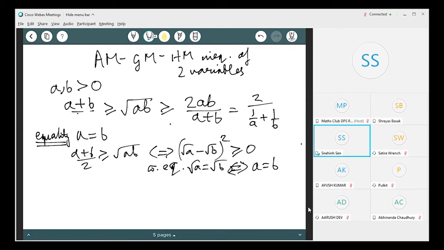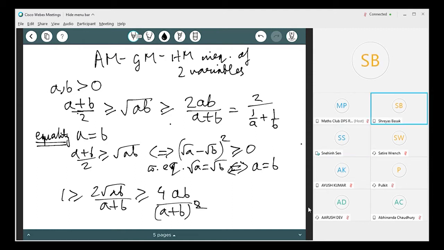So the form you are saying is basically 1 greater than or equal to 2 root AB by A plus B, greater than or equal to 4AB by (A plus B) whole square.